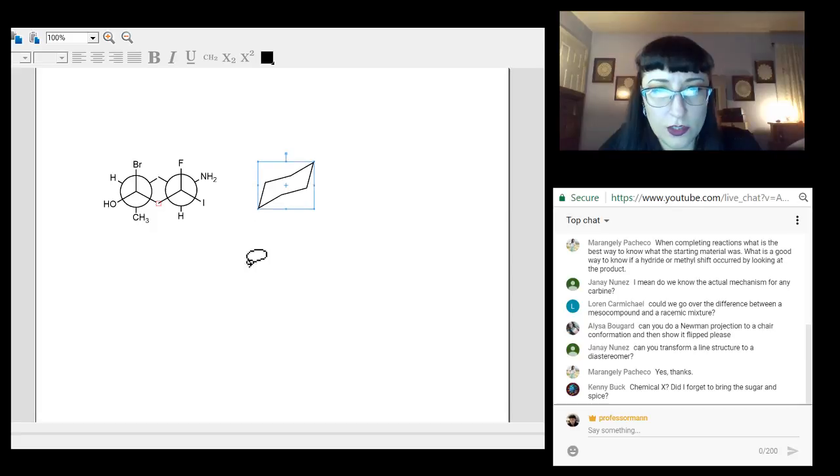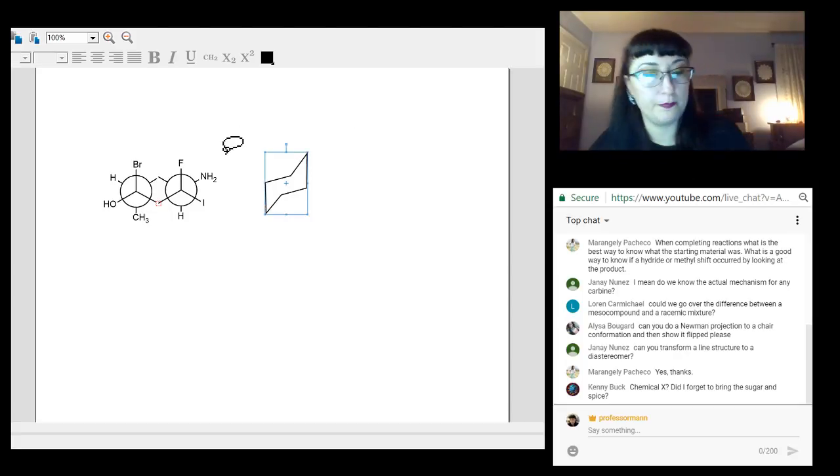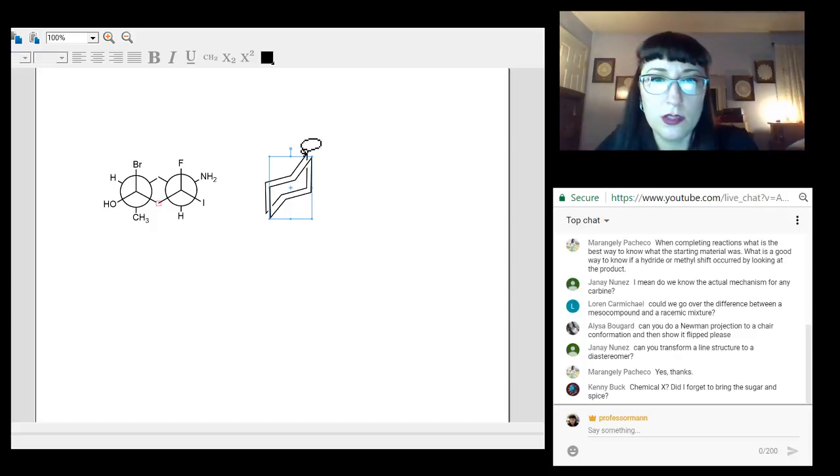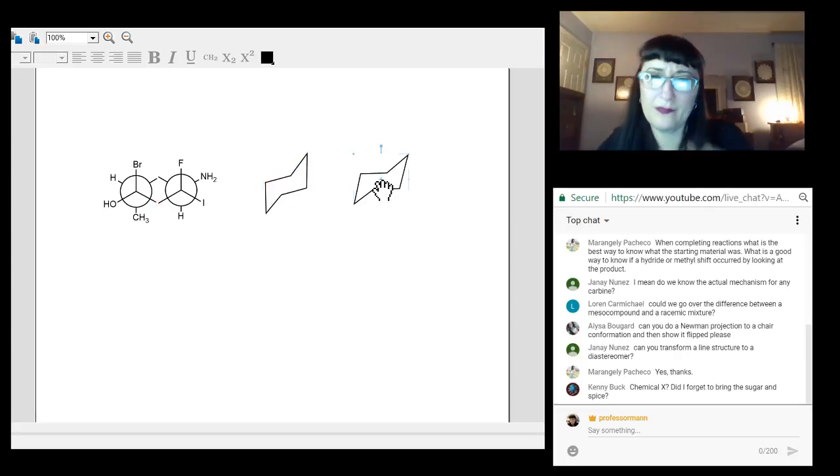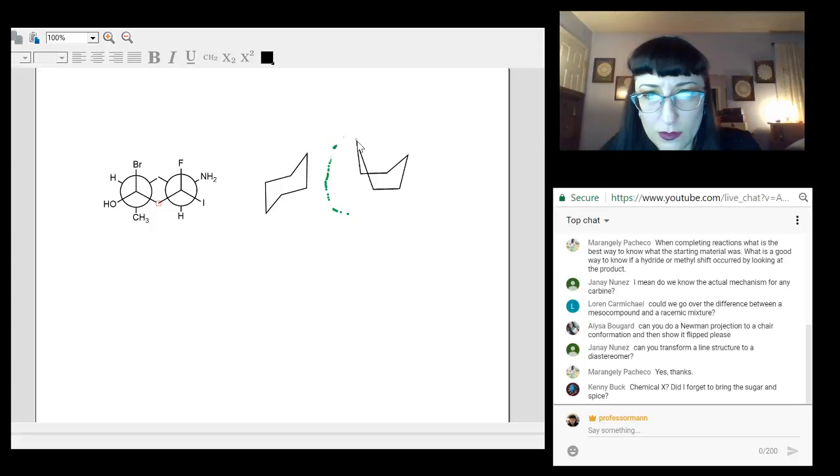So there's a cyclohexane. Let me bend this down. Bend that up. That's pretty close to what you guys are used to looking at. Oh goodness gracious, this isn't going to work, is it?